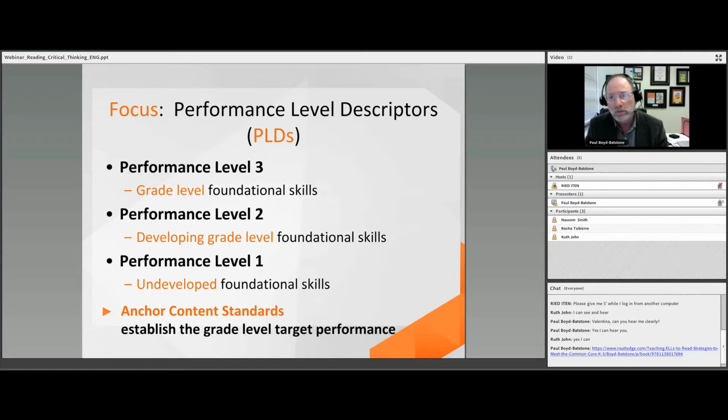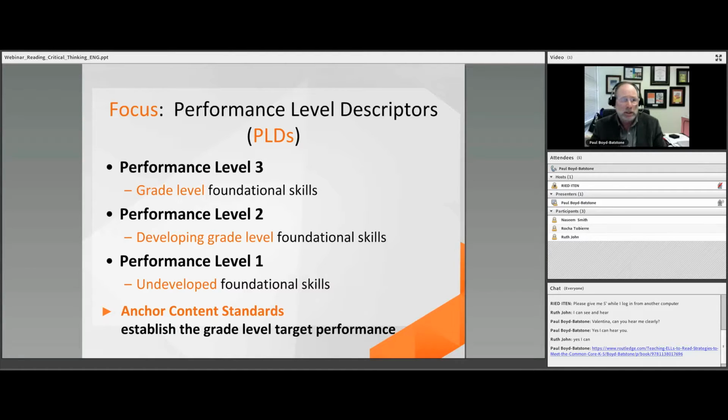Talking more about foundational reading, one of the ways that I've gotten my head around the concept of foundational reading is to think about it in terms of performance level descriptors for each of these components. I'm going to be referring to three performance levels.